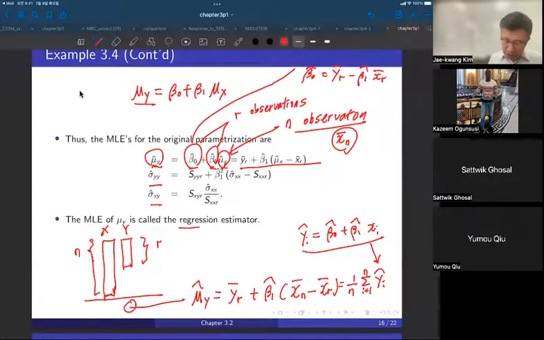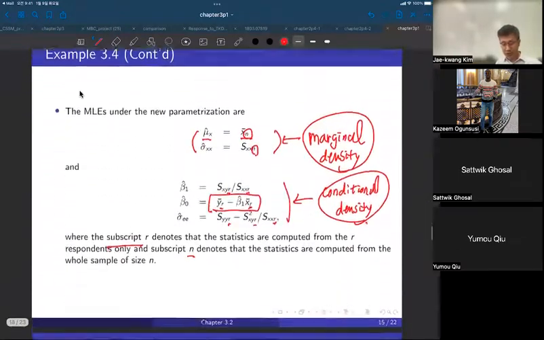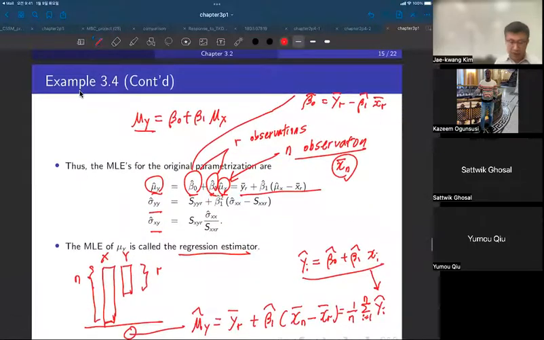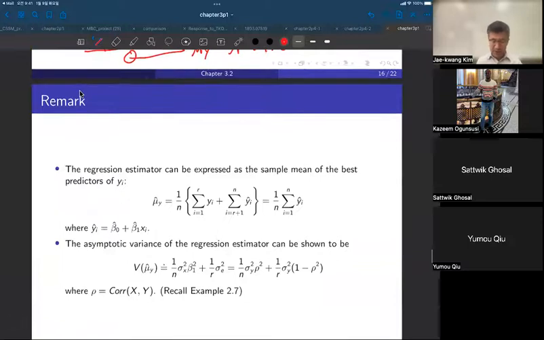And this is actually a very popular concept in survey sampling too, the regression estimator, and it all comes back to this. This is the very first idea in this direction. So here's a remark: the regression estimator can be expressed as the sample mean of the best predictor of y i.